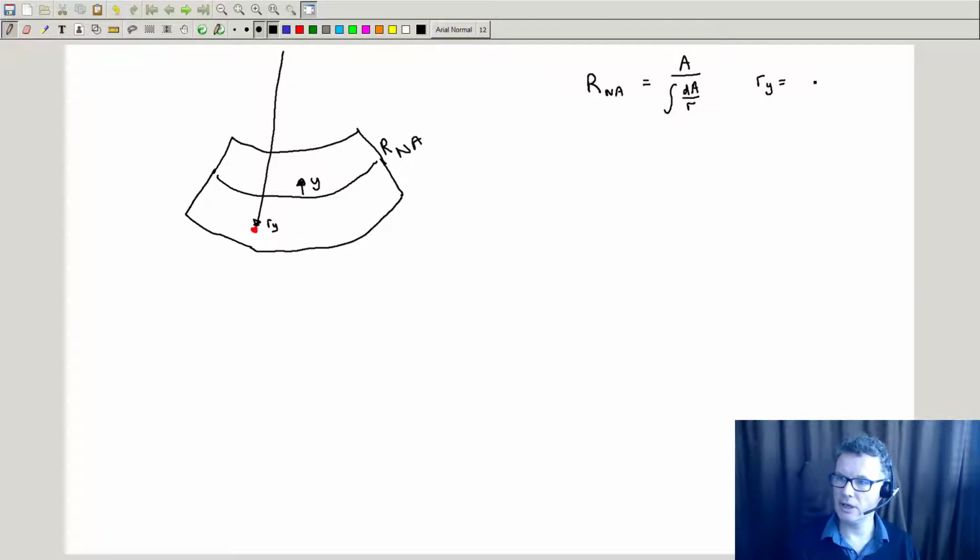So the r_y is defined as the R_NA take away y. Okay, so take away this distance here, and then we're going to end up with the correct location that we're going to want to be at.